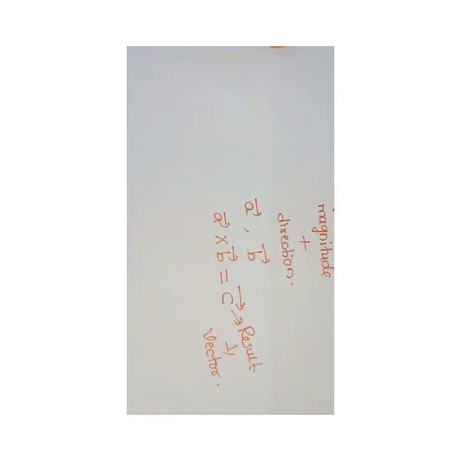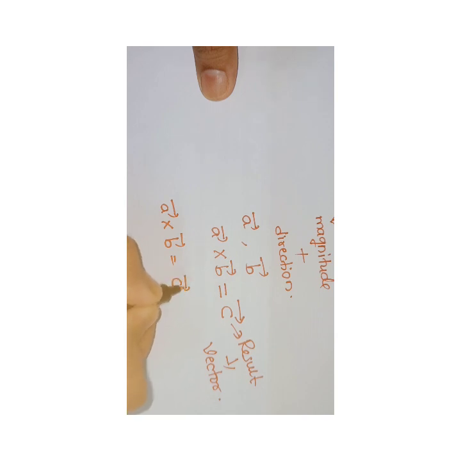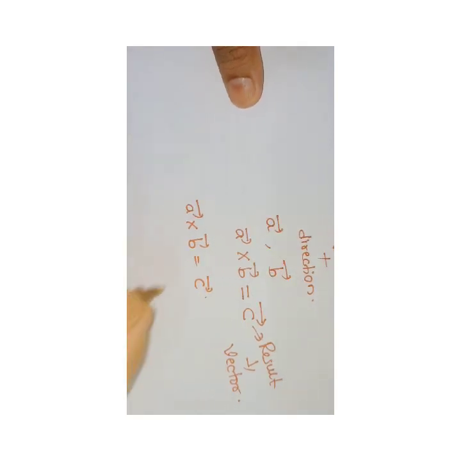So how to define a vector product? Vector A cross vector B is equal to vector C, right? So this vector C has a magnitude. How can I write the vector's magnitude?